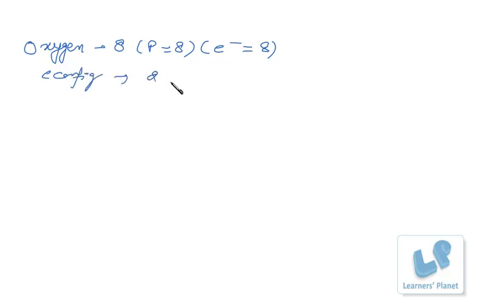I'm sorry, it's not 2, 6 and 2. It's 2 and 6. So the configuration is 2, 6. Now what will be the valency? Valency will be 8 minus 6, and that is equal to 2.